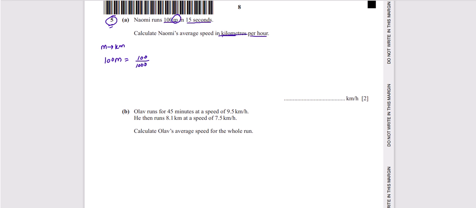When we convert meter into kilometer, the given value is divided with 1000. So 100 meter is equal to 0.1 kilometer.